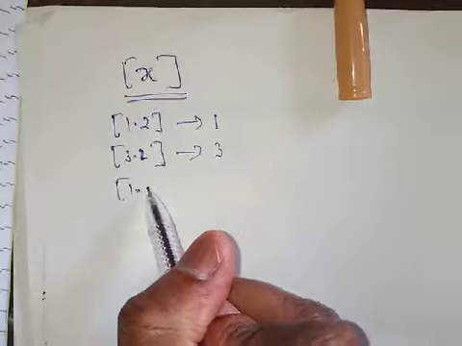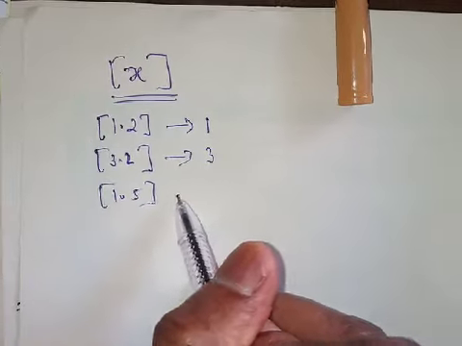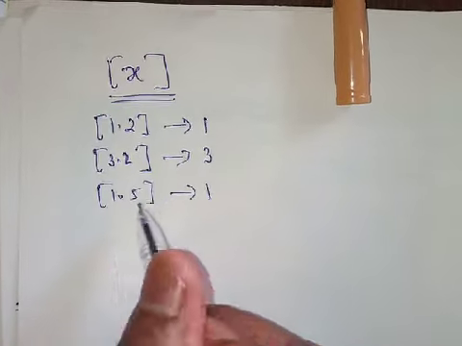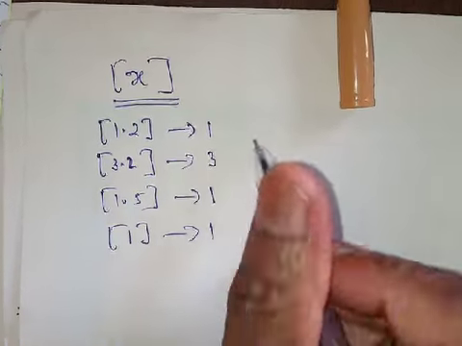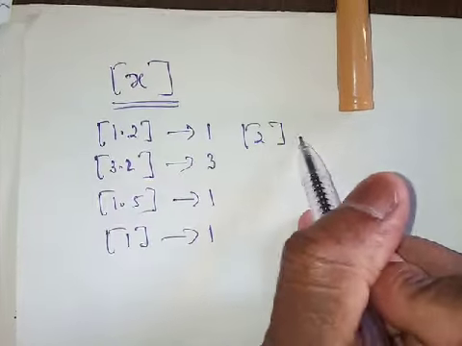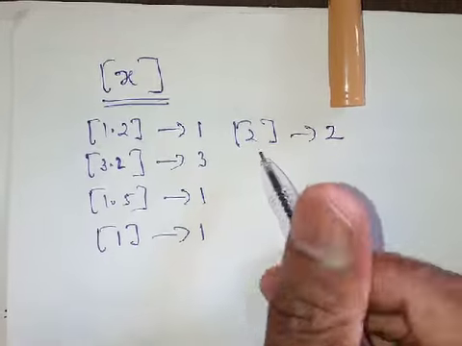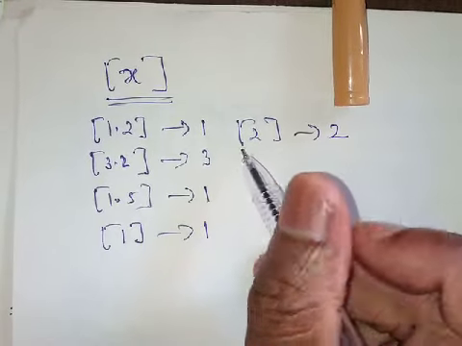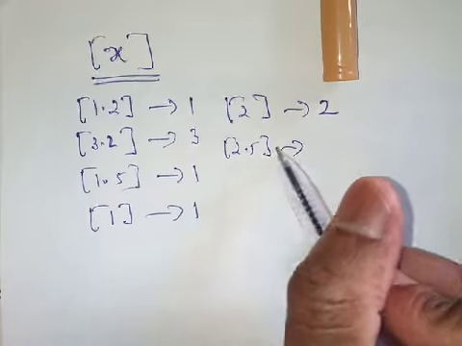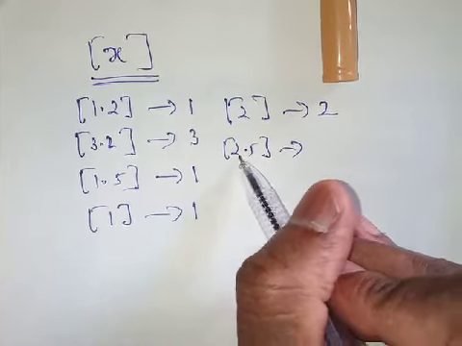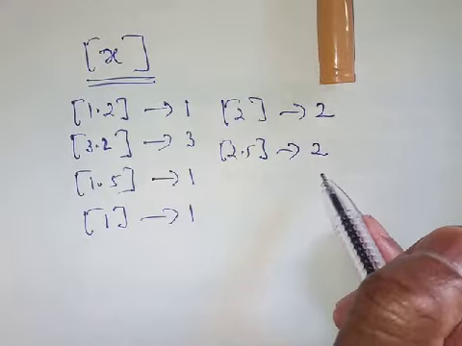Suppose 1.5, the greatest integer will be 1. Suppose the number is an integer like 1, then the answer will be 1. If it is 2, then it will be 2. If it is 2.5, the greatest integer less than or equal to that will be 2.